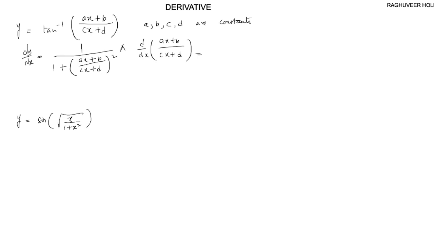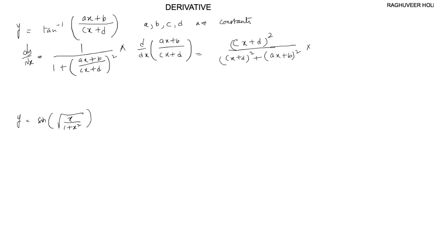Now, when you simplify the first part of it, we get this as (cx + d) whole square divided by, now this in the denominator will have (cx + d) whole square plus (ax + b) whole square, right?